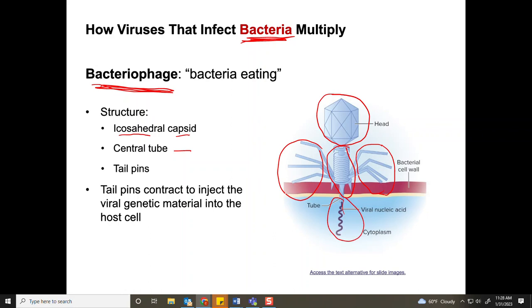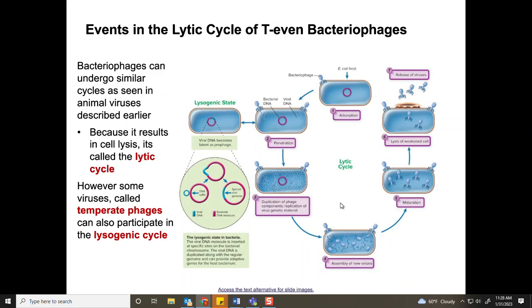So here we see our viral nucleic acid, whether it be DNA or RNA. So now, what happens next? There are two different pathways that our bacteriophages can take. If we start with number 1 in the book, this is showing you the bacteriophage has injected its viral genome into the bacteria.